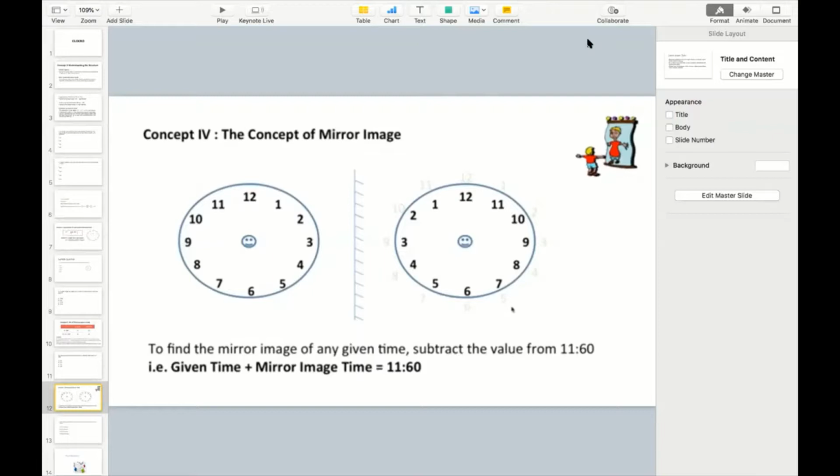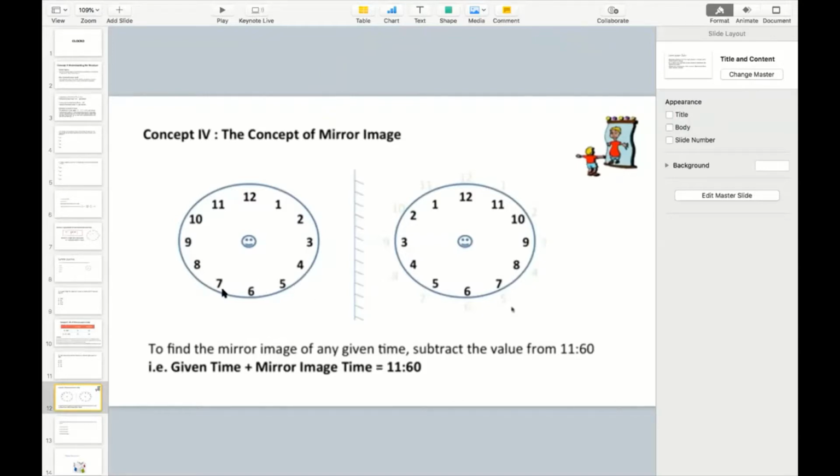So guys, now when we stand in front of a mirror, our top and bottom remain the same, but our left and right interchange. Moreover, the object which is nearer to the mirror will also appear nearer in the image, right?